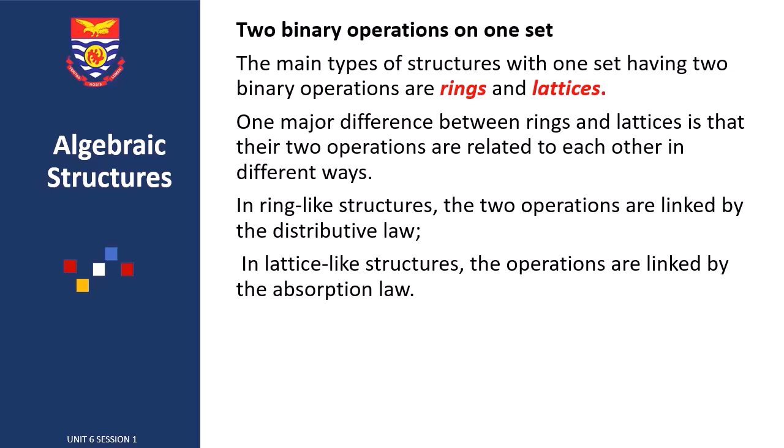In ring-like structures, the two operations are linked by the distributive law, but in lattice-like structures, the operations are linked by the absorption law. The axioms defining many of the other structures are modifications of the axioms for rings and lattices. So these algebraic structures are very important, what you should know as a mathematician.